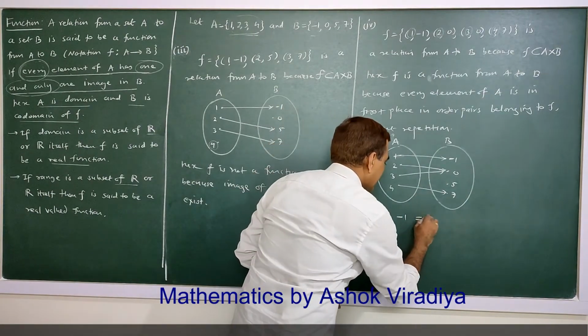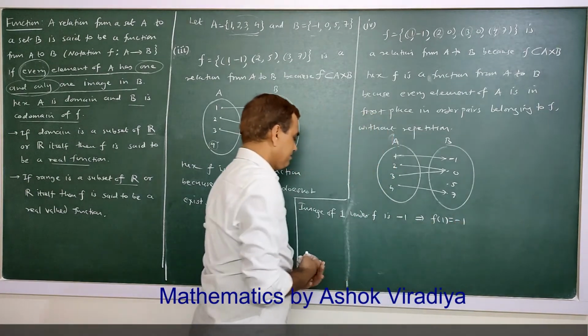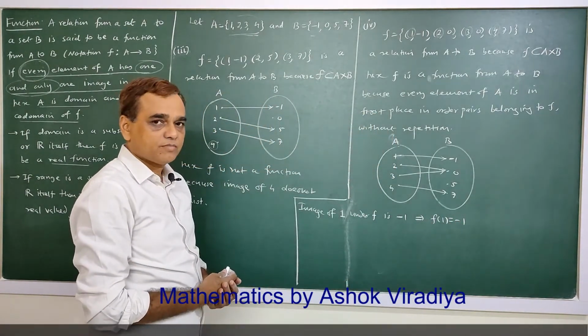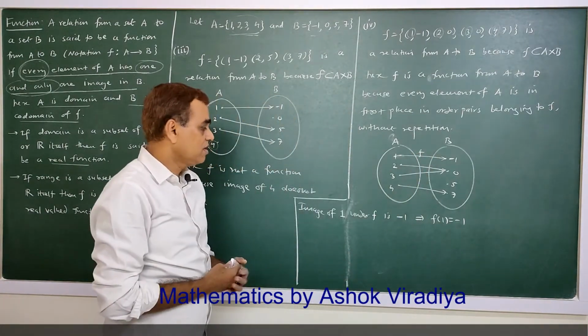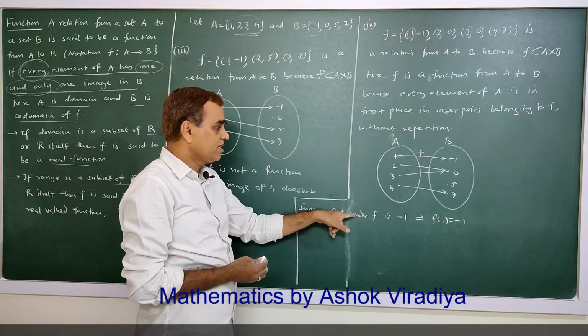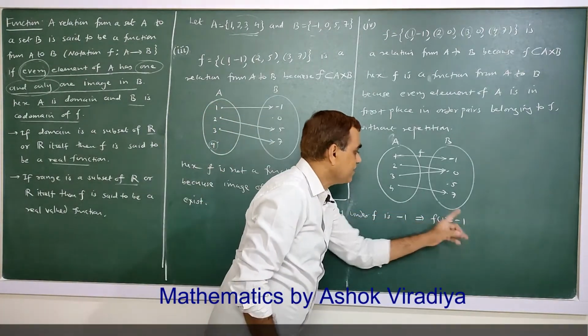This is denoted as image of 1 under f is -1, denoted as f of 1 is -1.